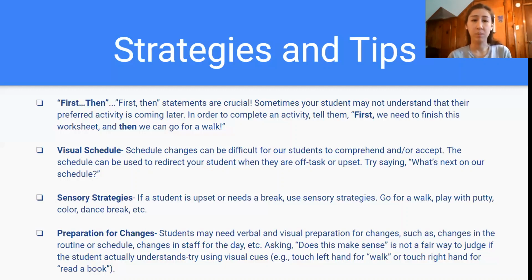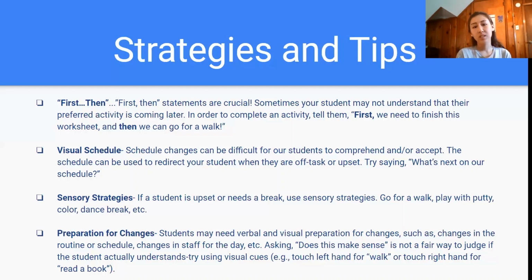It can be done on a piece of paper, on a bulletin board, Expo, anything that you have available. Try and have your students practice writing out the date on there, get a little hands-on fine motor practice.